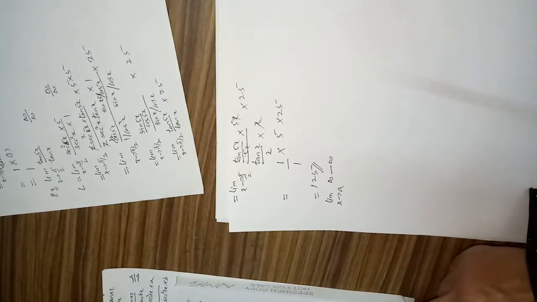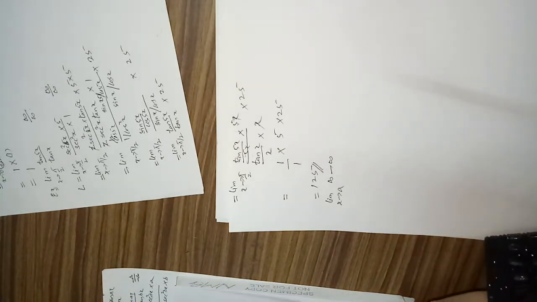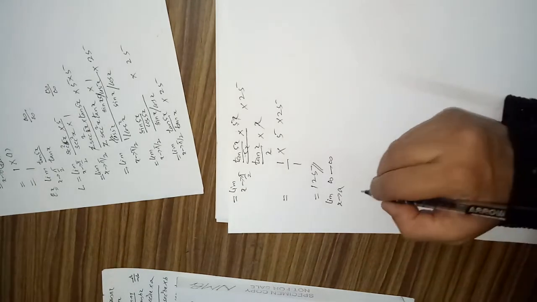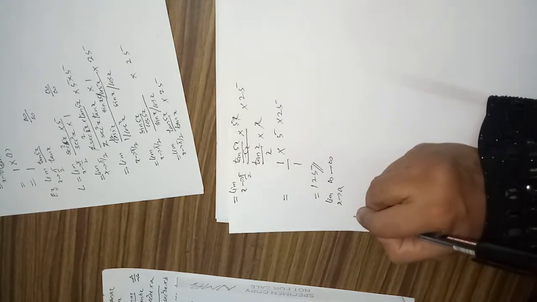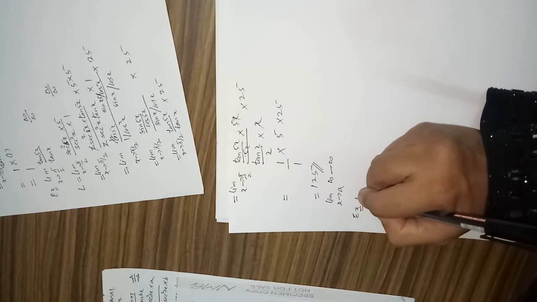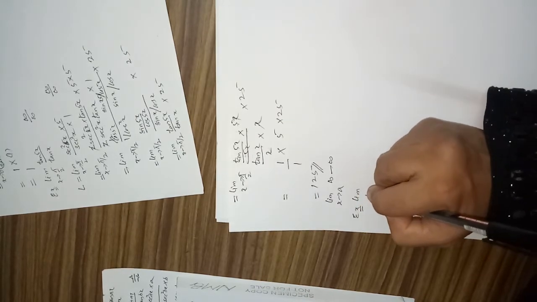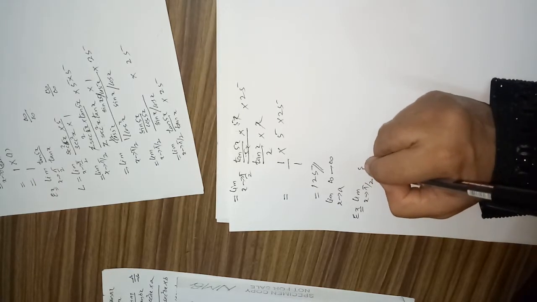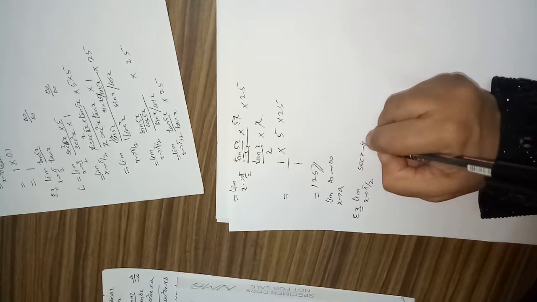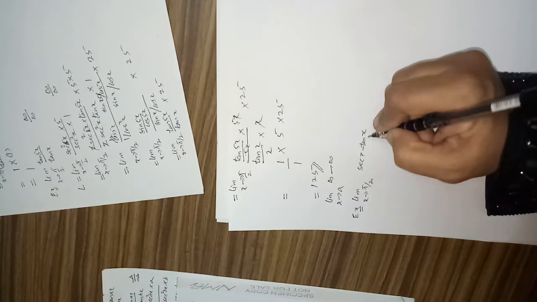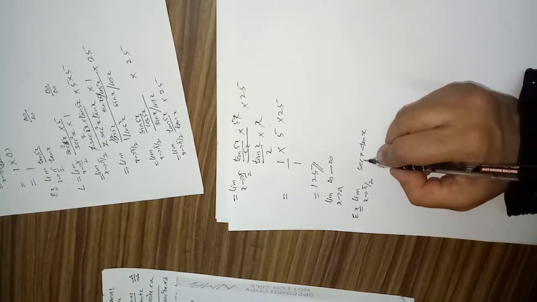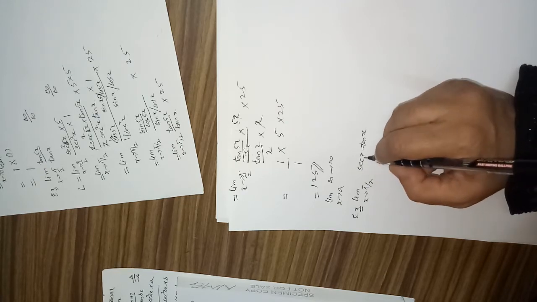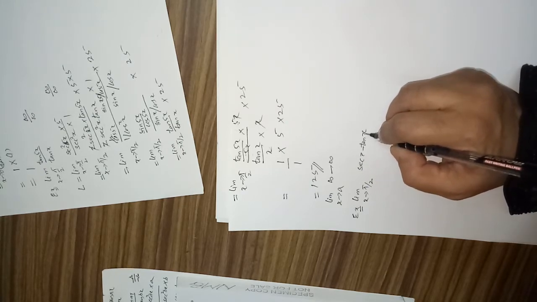I am considering one problem. Say limit as x tends to pi by 2 of sec x minus tan x. Now cos pi by 2 is 0, so sec pi by 2 is infinity, minus tan pi by 2, as we know it is infinity.